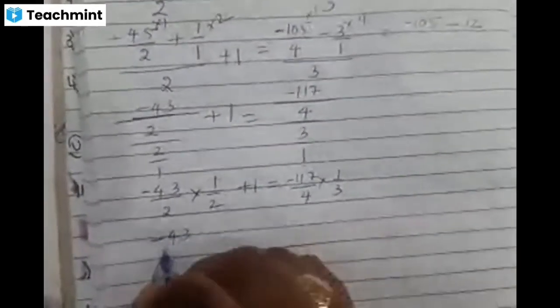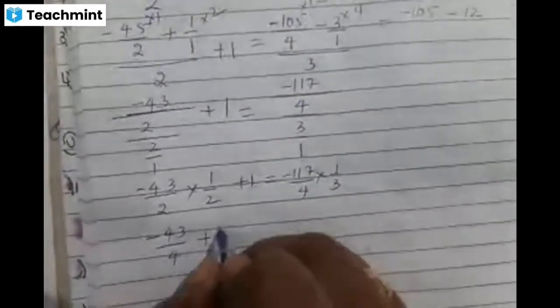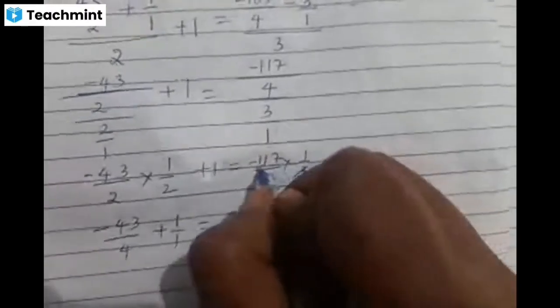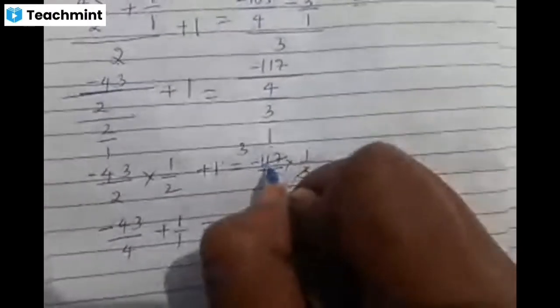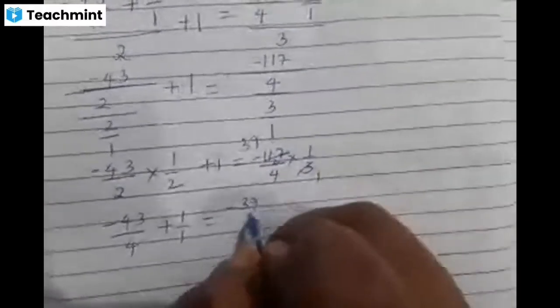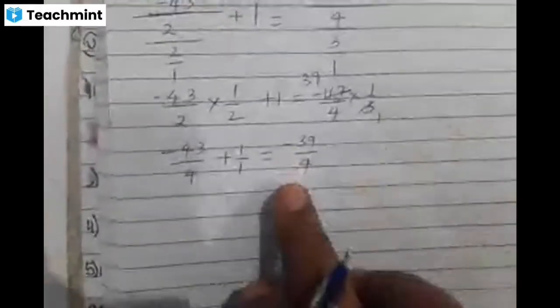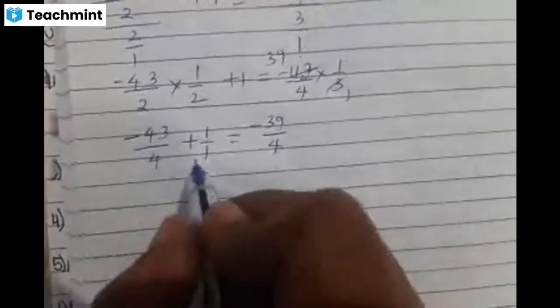Now it is time to cancel if it is possible. Otherwise, keep the numbers. Minus 43 by 4 plus 1 is here. Plus 1 means 1 by 1 is equal to, 3 ones are 3, 3 9s are 27. Minus 39 divided by 4 we got in the right hand side. Here again we have the rational numbers.